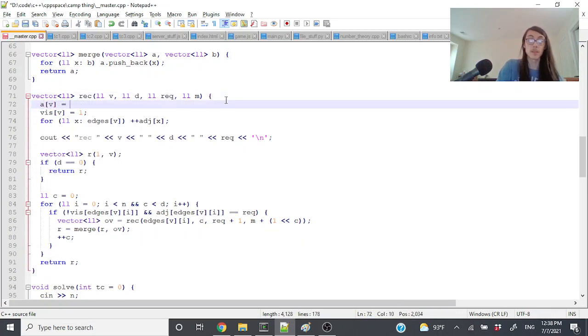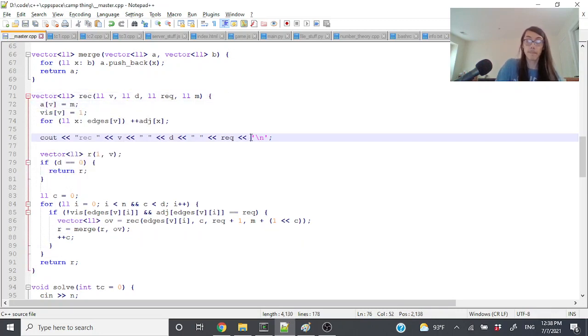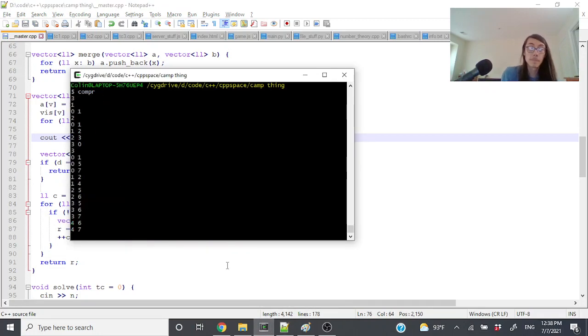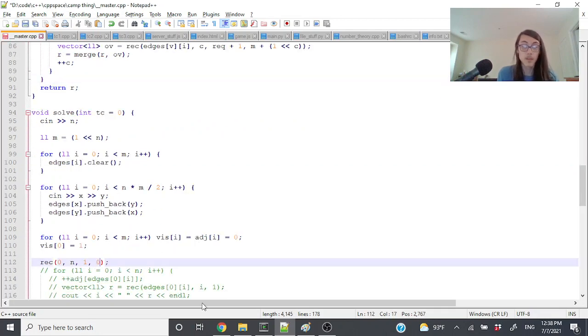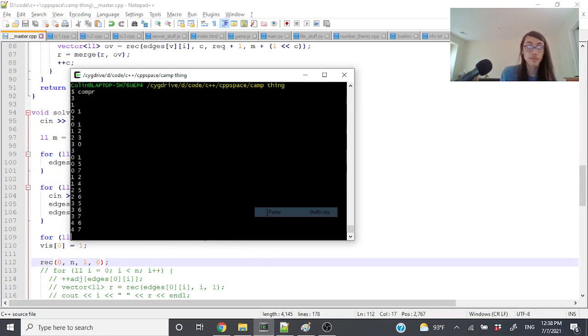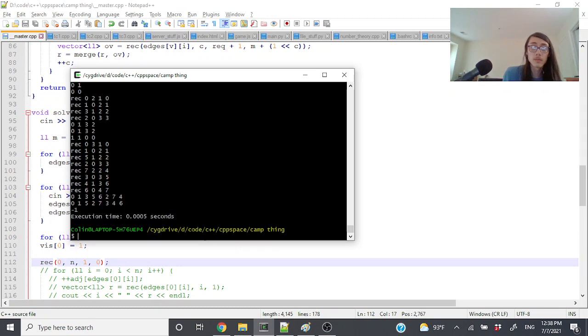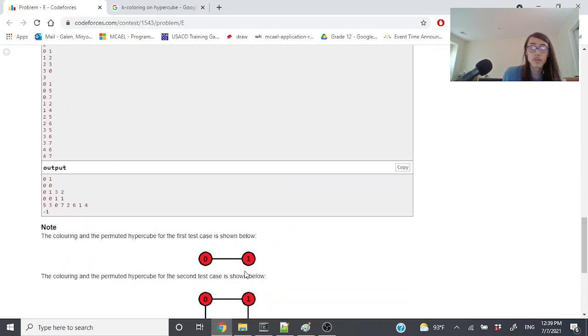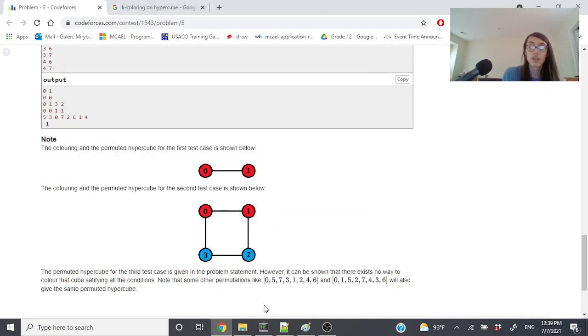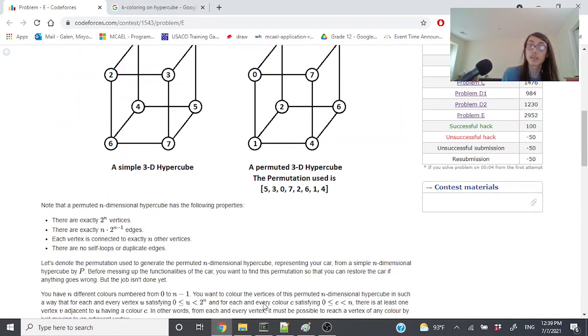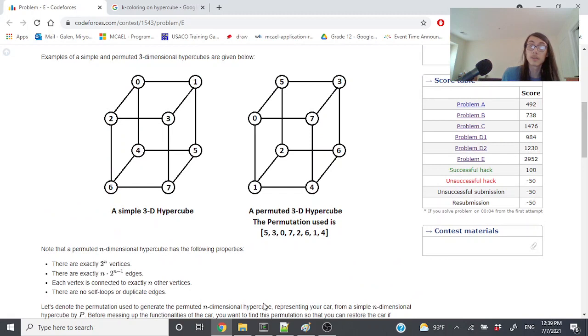A, B is equal to M. Oh, 1, 5, 2, 7, 3, 4, 6. If I swap these two, is it fine?